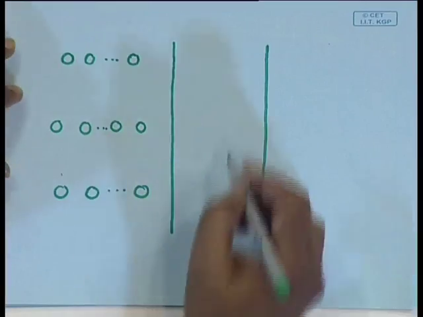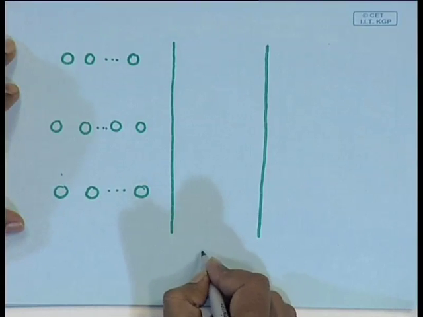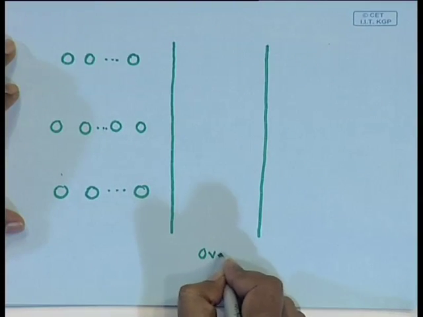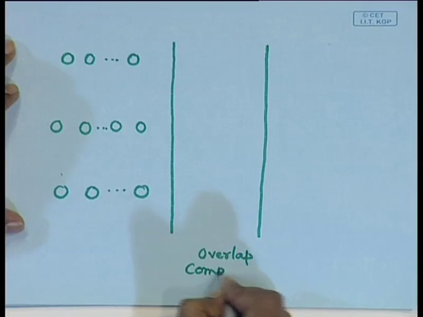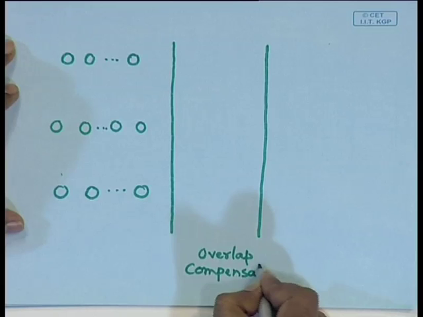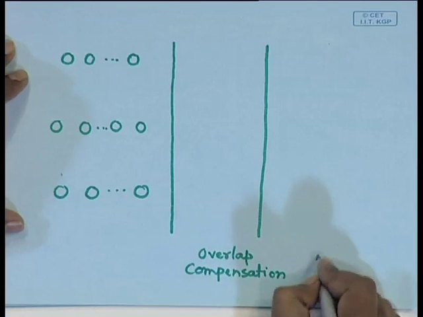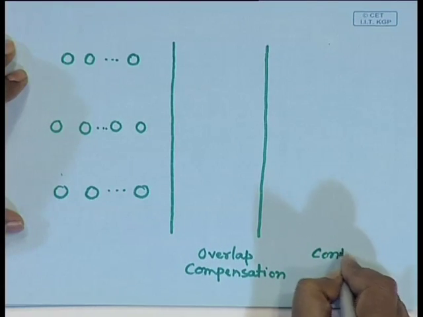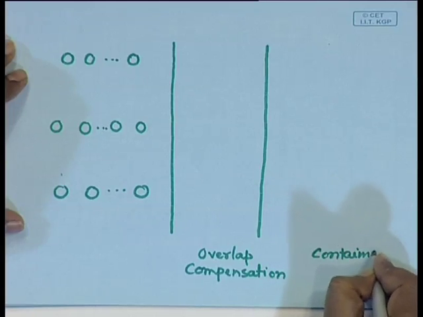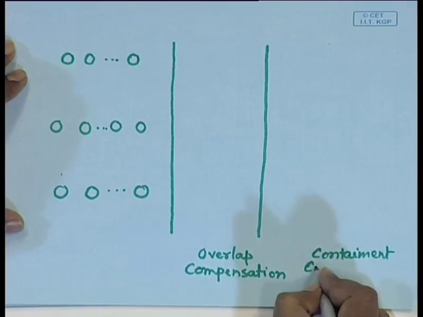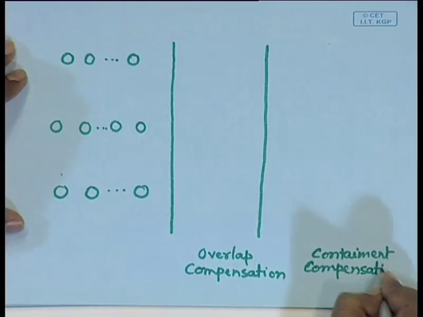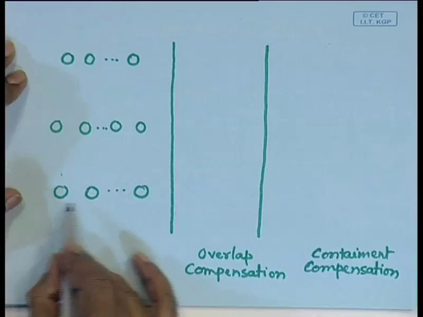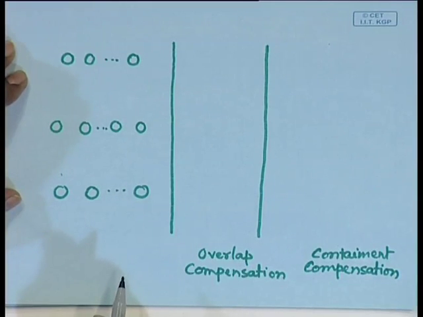So, I will have some additional nodes, one in the overlap compensation section, which we call overlap compensation, and the other one is containment compensation. So, what is done in this overlap compensation and containment compensation?